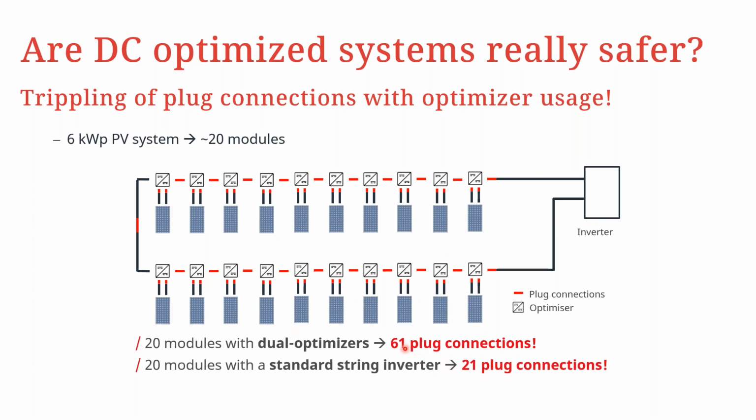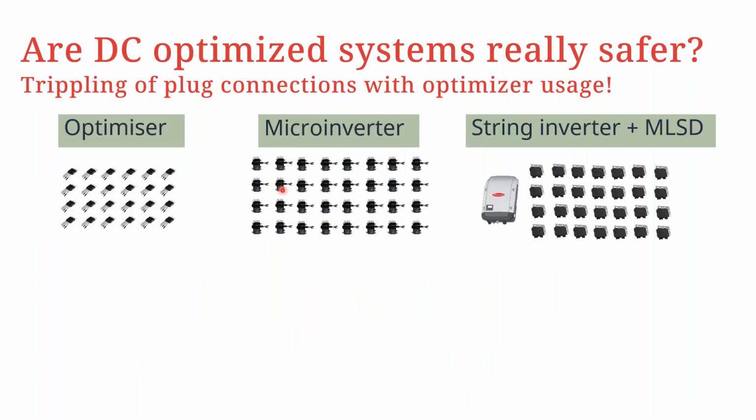So you can see here, the higher number of plug connections would at some point lead to a failure in one point or the other of the system. And therefore, that is something that must be taken into account. This does not only affect the optimizers alone.